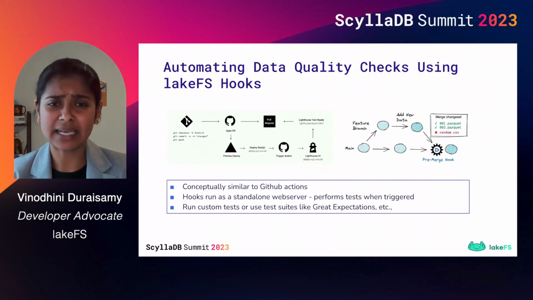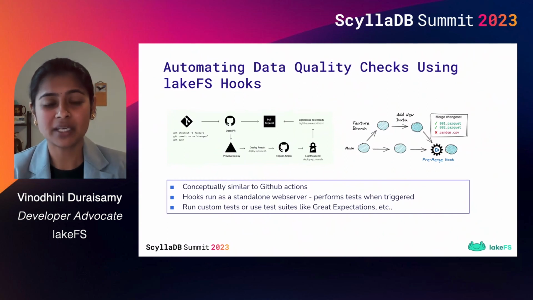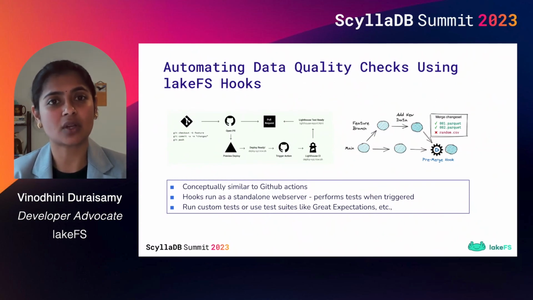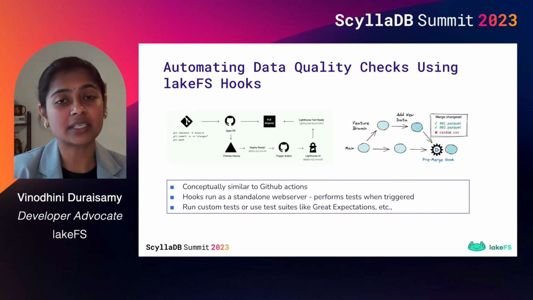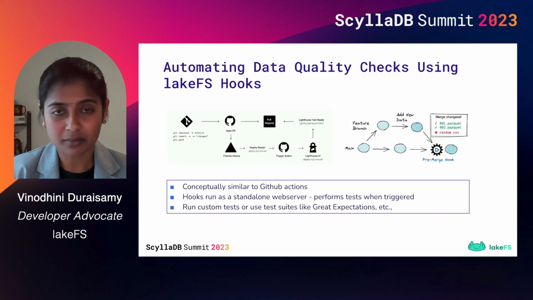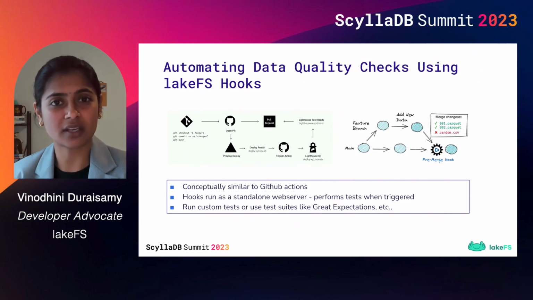Now, like I said, lakeFS has a feature called lakeFS hooks, which are conceptually very similar to Git hooks, meaning you can have these hooks enabled on a specific Git action. For example, if you're creating a branch, committing, or merging, you can have a lakeFS hook. Say a pre-commit hook: anytime before you commit, it is going to run a list of checks, which you can configure.